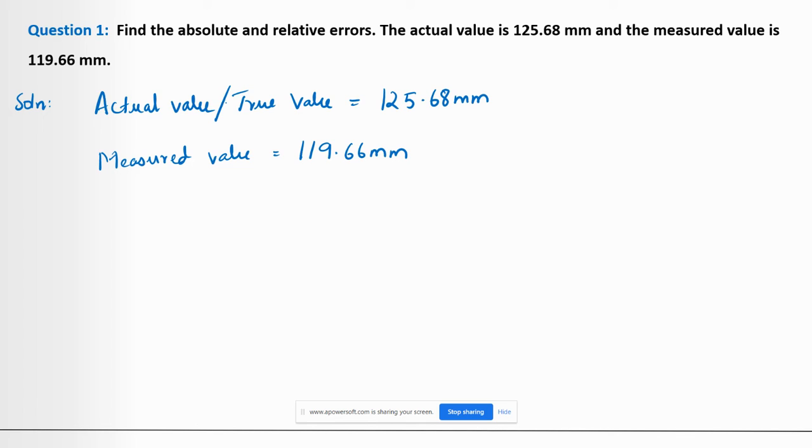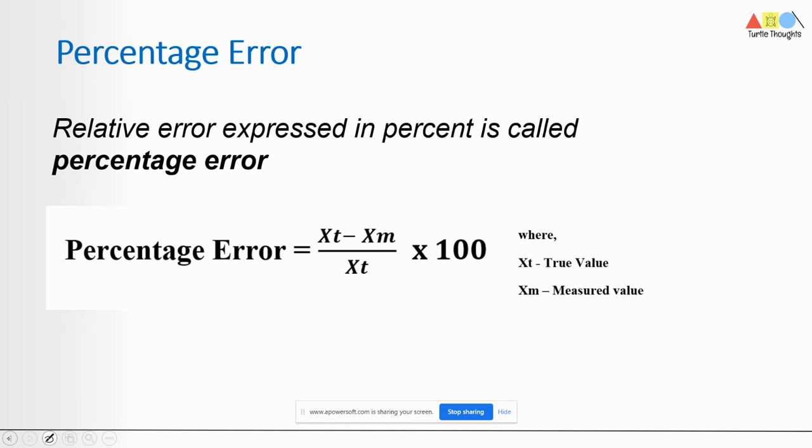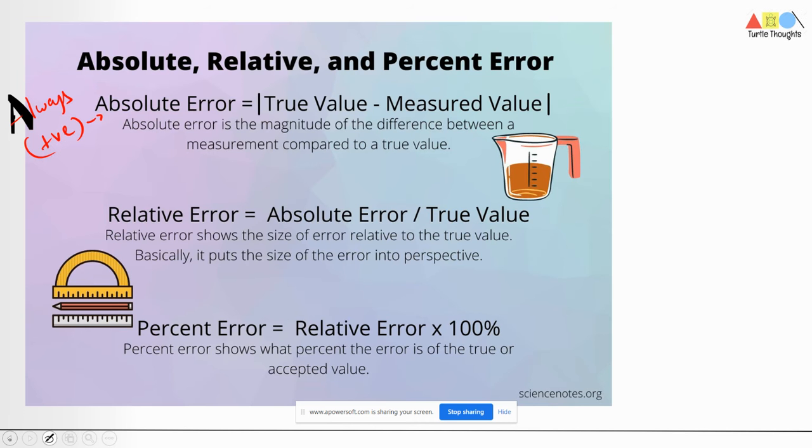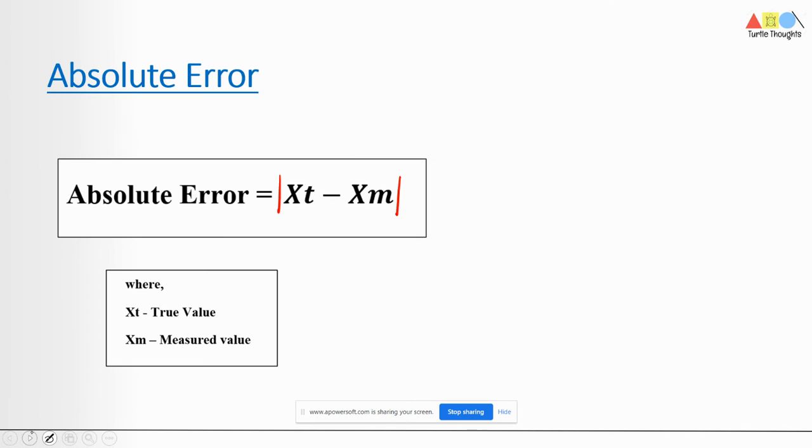Now, what do we have to calculate? We have to calculate absolute and relative errors. Let us go back to the formula. What is absolute error? Absolute error is the true value minus the measured value. In terms of a formula, it is xt minus xm, where xt is the true value and xm is the measured value.